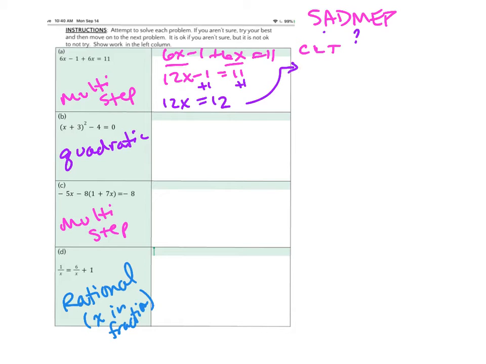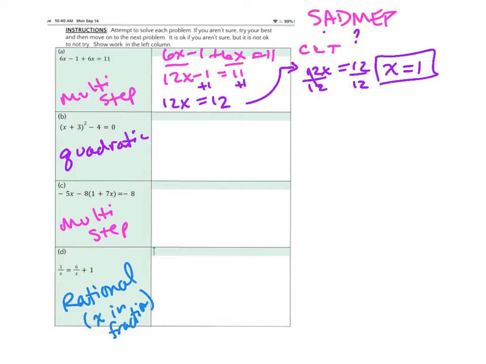Divide both sides by the coefficient, the number in front of x. So x equals 1. So that is technically 1, 2, 3 steps. Could you do it in less? Probably, but... Oh, I wanted to do them with the right color. I didn't do that. Sorry.